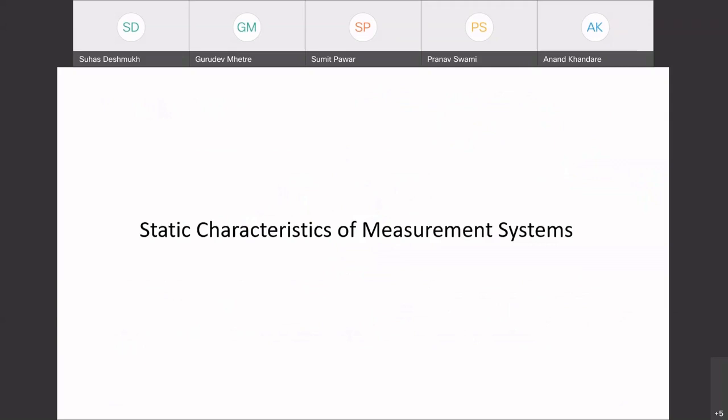Now we'll look at the characteristics. Characteristics means its behavior, how it behaves.